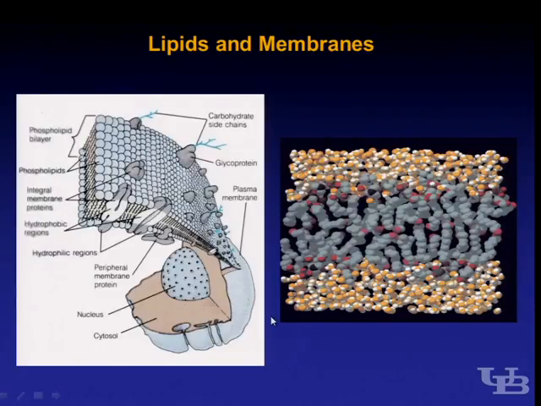So just a depiction, so you know where we're going. Over here is a membrane bilayer, and we'll talk more about how you get that structure. Ultimately, we want to know not only how the membranes are formed, but what their properties are.